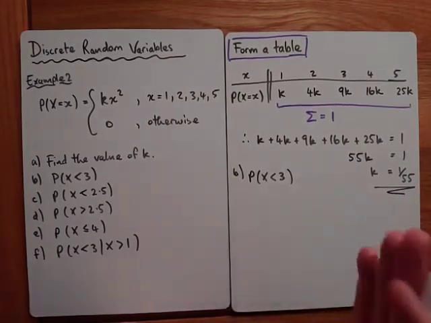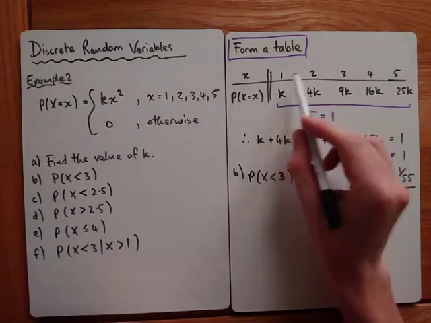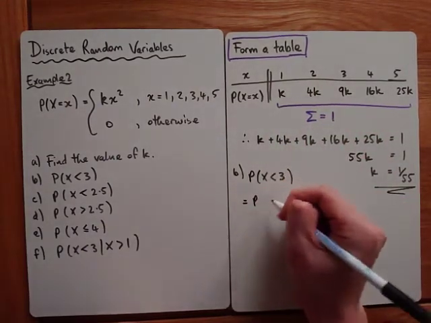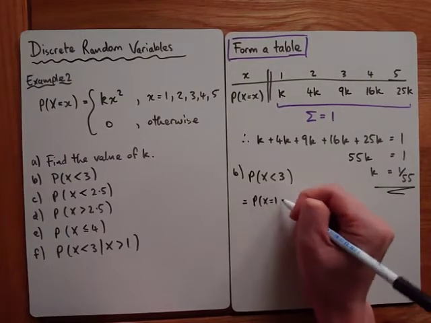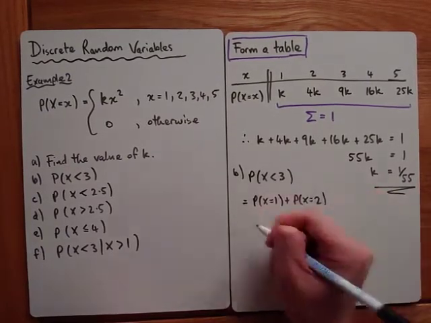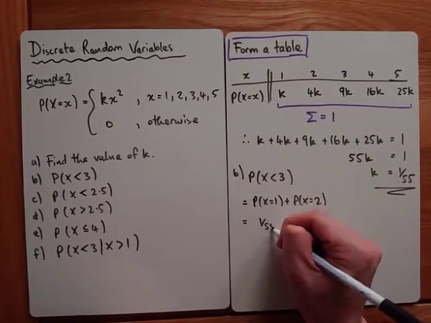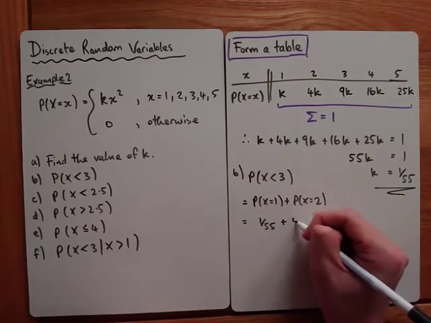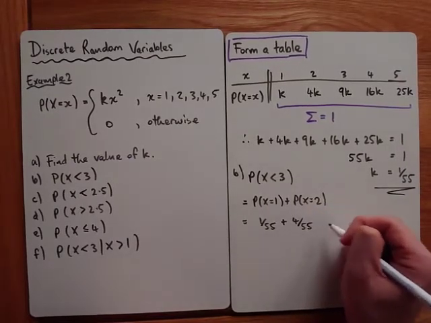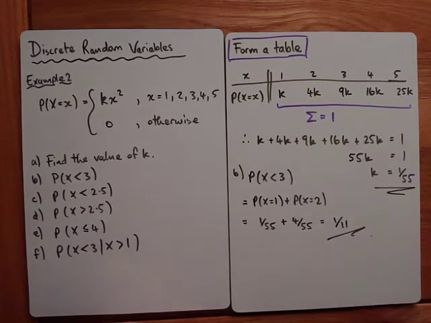Not less than or equal to 3, less than 3. So it can't be 3, it's got to be less than 3. So it could be 1 or 2, which would be 1 over 55 plus 4 over 55. Which would be 5 over 55, which you can simplify down to 1 over 11.